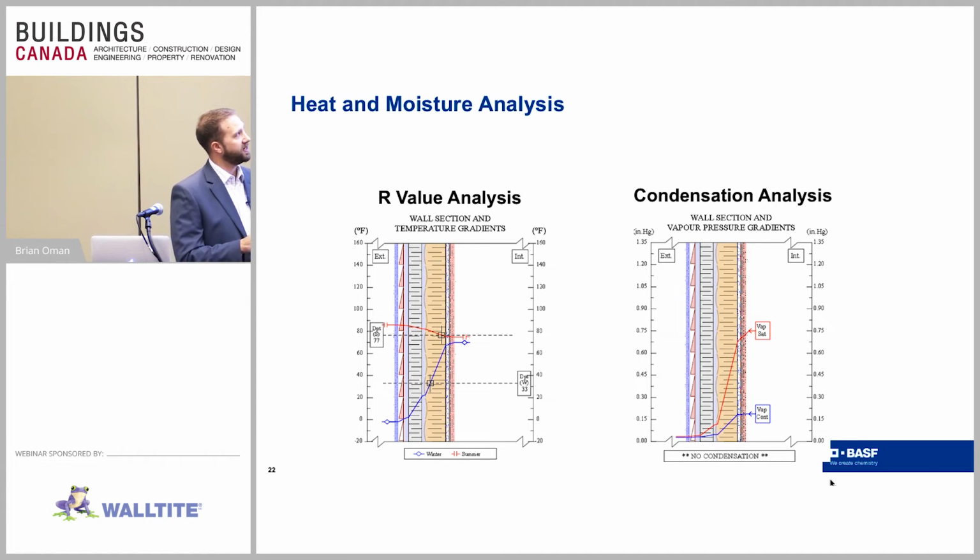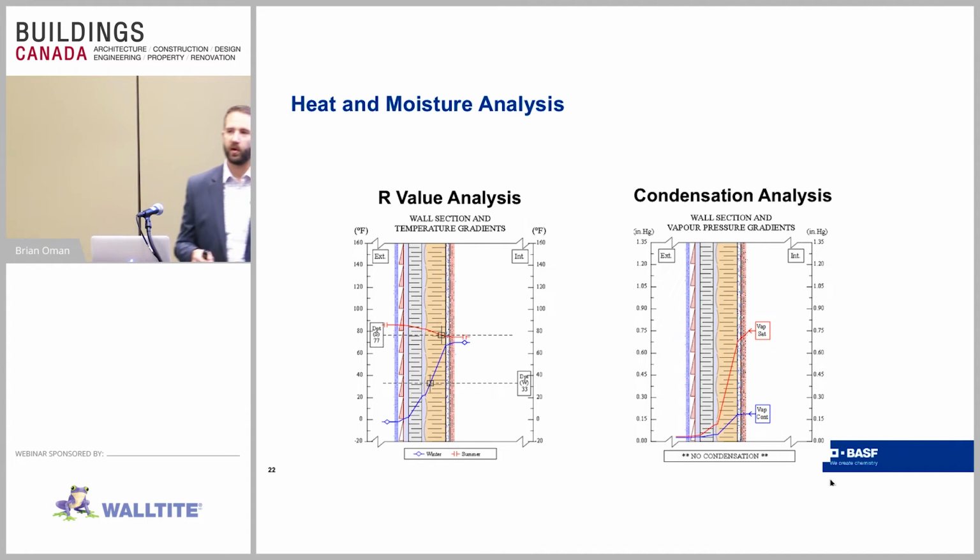Our winter dew point here is still falling within the closed cell foam. As Chris talked about, our moisture drive is actually in the wintertime coming from the interior to the exterior. So it's moving from this side to this side. Well, excuse me. Yes, from our interior to our exterior.